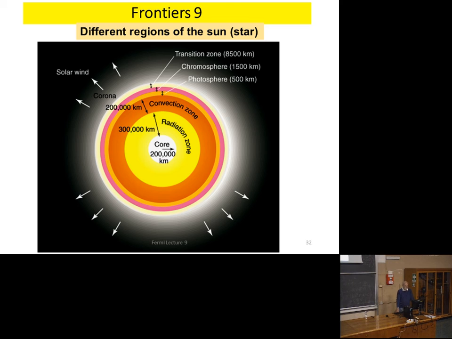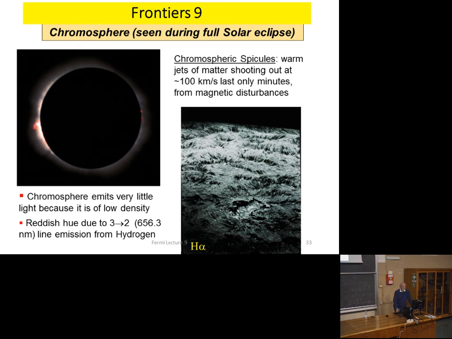So that's the surface. As we move out to the chromosphere, we're getting out near the outside now. In this region, we're starting to be able to study it, for example, in solar eclipses of the sun.